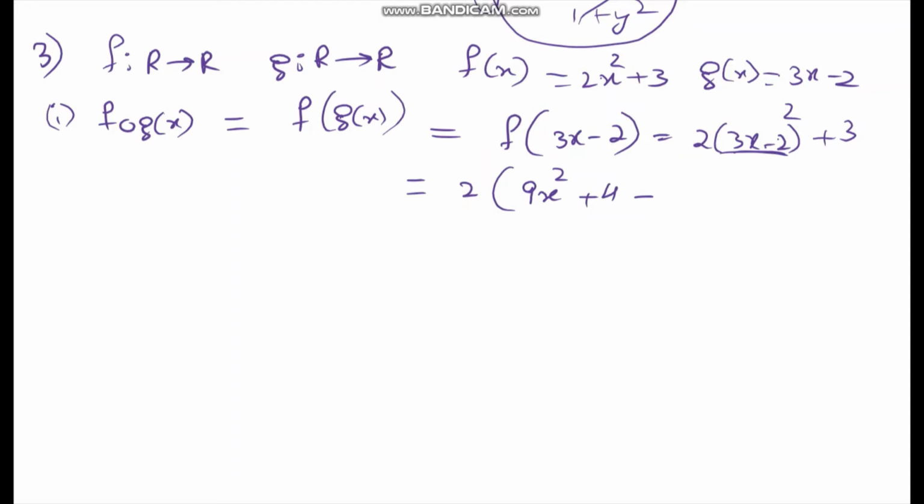So 2 into 3x into 2 is 12x, that equals 18x square plus 8 plus 3 is 11, and 2 into minus 12x is minus 24x. So this is the expression we get here.